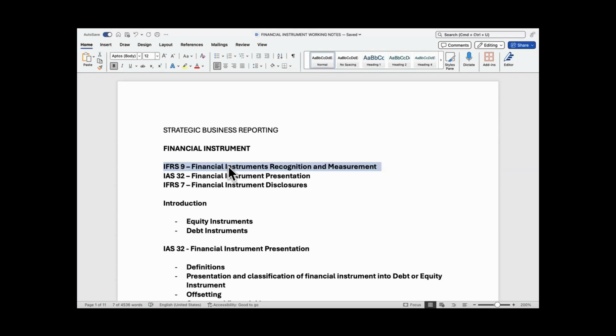It can designate it at fair value to PL. So if the examiner tells you that this entity has decided to classify its debt investment at fair value to PL, then don't argue with them because it is allowed.